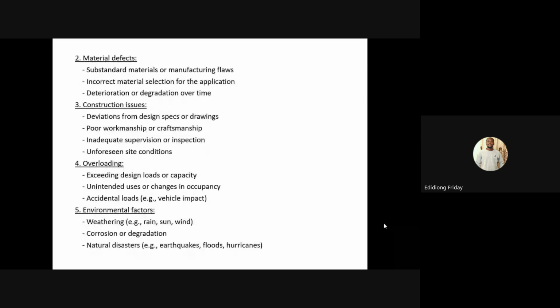Okay, the next is poor workmanship or craftsmanship. Yes, when you don't have the right team, the right workers, you end up having issues with your delivery.